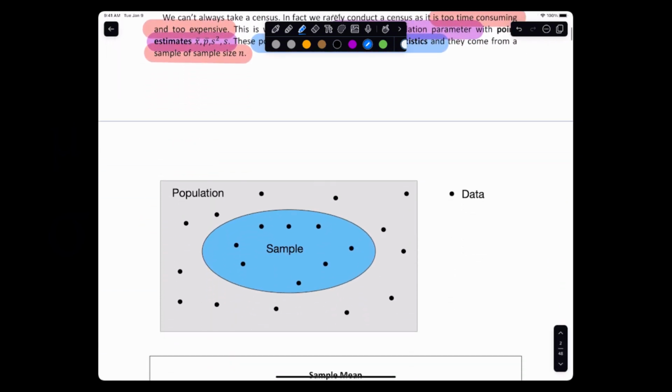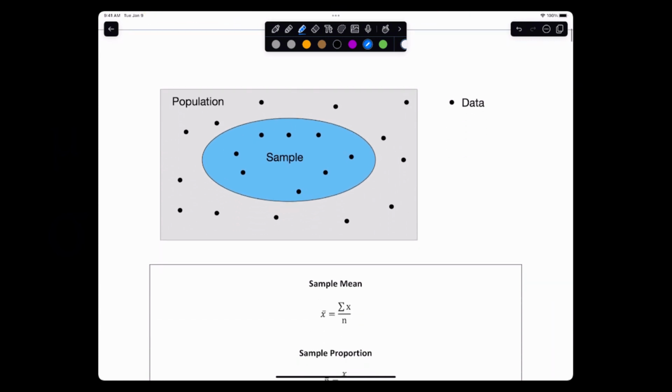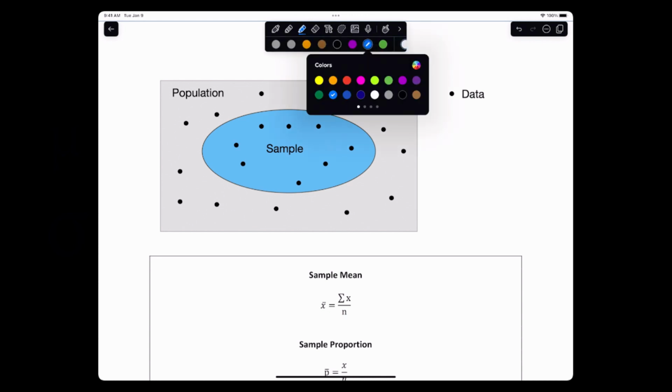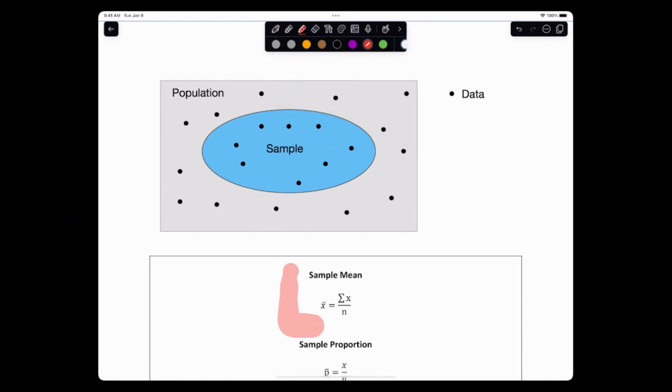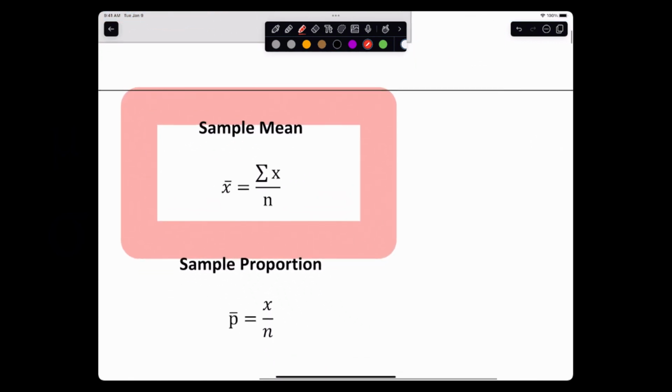All right, here's your population. Here's your sample. This is data. And we're going to be using today a sample what? Mean. Okay, so we're going to be computing today. We're going to be using this information. A sample mean. Now, a sample mean is a mean that's based on a what?